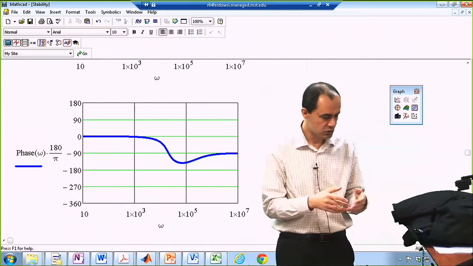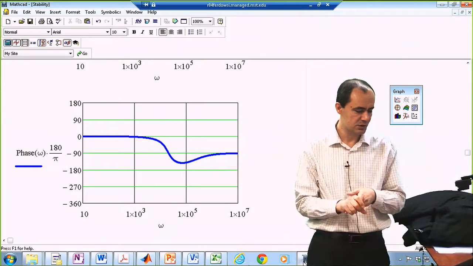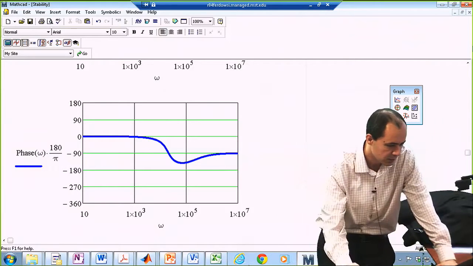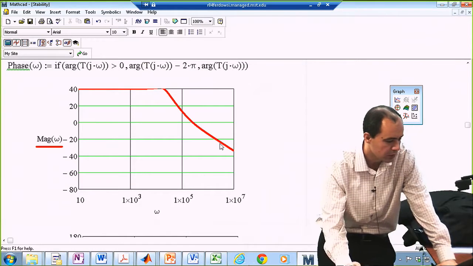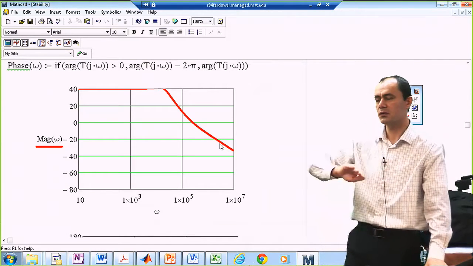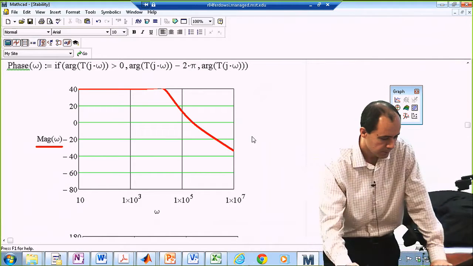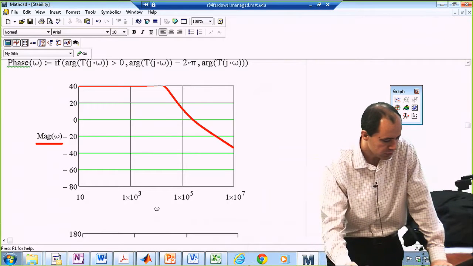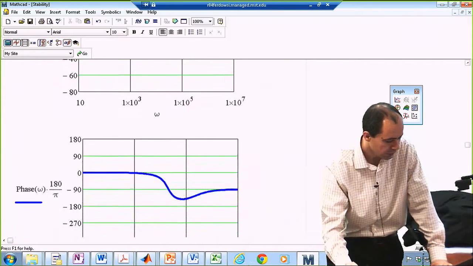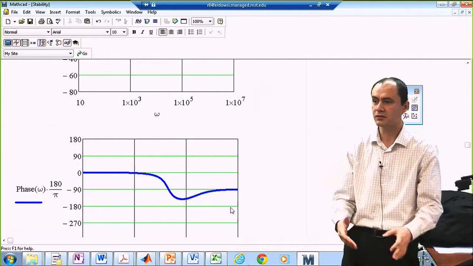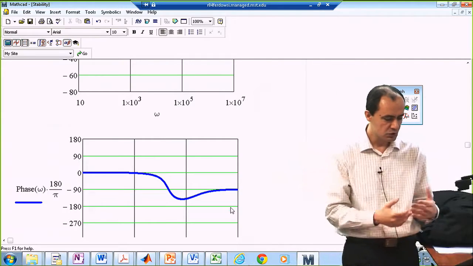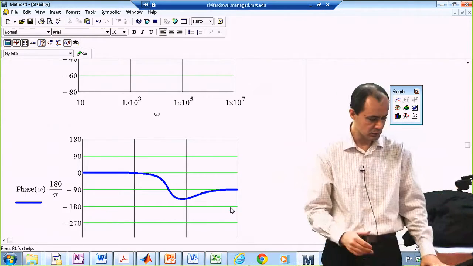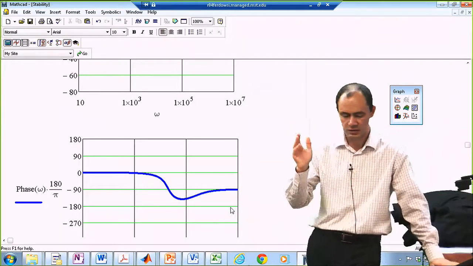So my prediction is, no matter what my gain is, my system is always stable, because if I increase the gain, this Bode plot moves up, the crossover frequency moves to the right, and no matter where it moves to, I'm always above the negative 180 degrees of phase delay. So my phase margin is always positive. This is one of the good things about this system.